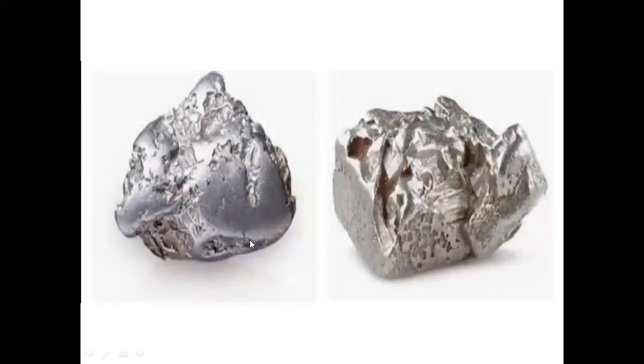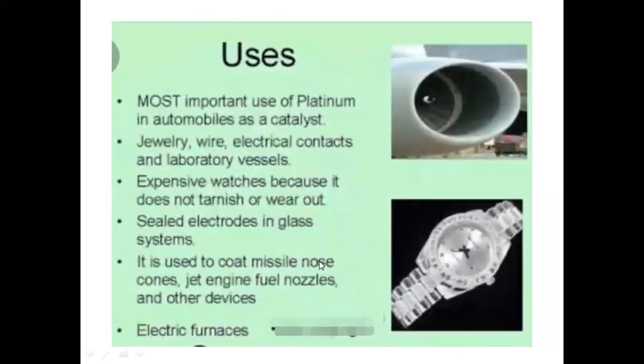You can see in this image, this is the platinum, and as I told you, it is also used in jewelry, in making wires, electrical contacts, and also laboratory vessels are prepared from platinum.